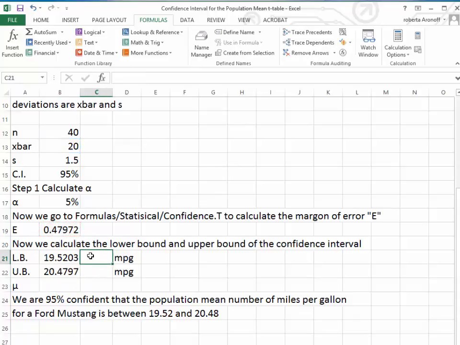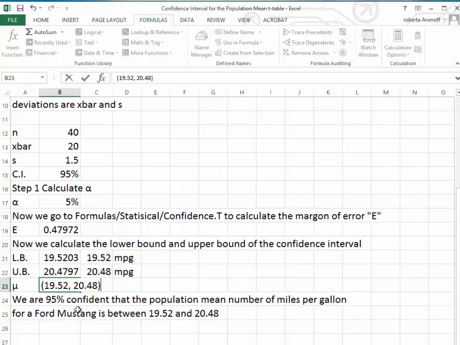I'm going to round that to the nearest hundredth, so therefore we have 19.52 miles as the lower bound, and 20.48 miles as the upper bound. This tells us that the population mean is located somewhere on the interval between 19.52 miles up to 20.48 miles.